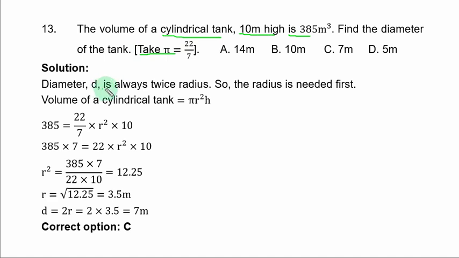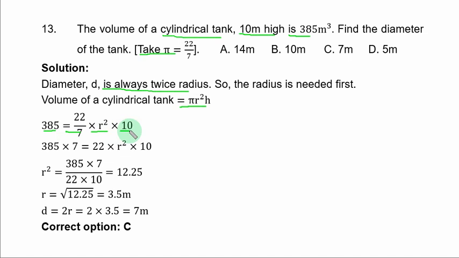Diameter D is always twice the radius, so the radius is needed first. Volume of the tank in form of a cylinder is equal to pi r squared h. The volume is 385. This is pi. Radius is unknown. The height is 10.